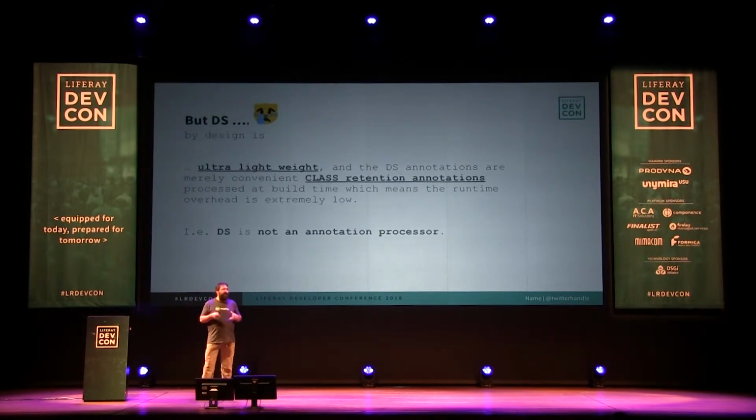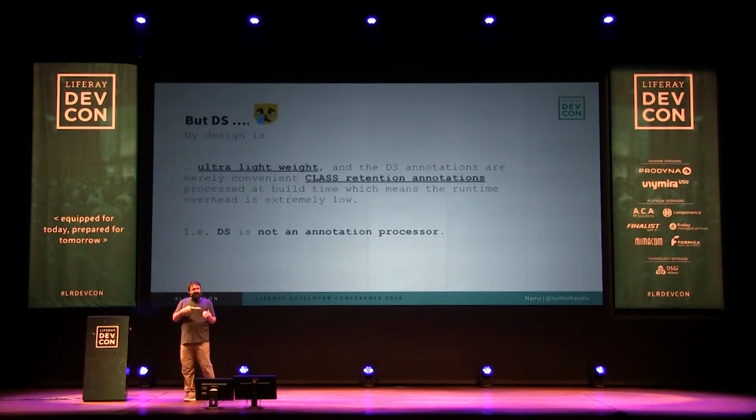But those annotations are class retention. What that means is that they're not really a dependency at runtime, so they're not visible through reflection. That just means that we use a tool to get from the annotations at build time to the XML at runtime. And you don't have to look at any of that, and that's really, really nice.